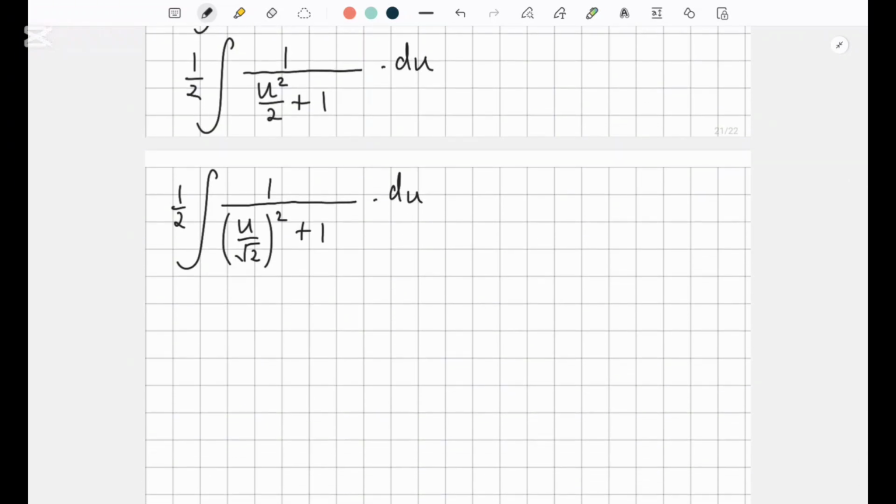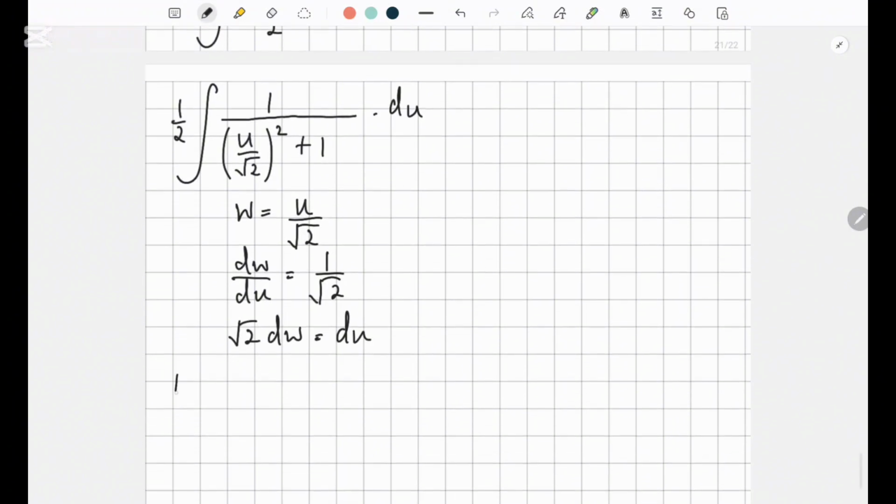Yeah. And now let's just focus on this. I know we are taking a whole bunch of substitutions, but don't get confused, alright? Let's take a substitution of w equals u over root 2, so dw over du equals 1 over root 2. Root 2 into dw equals du.